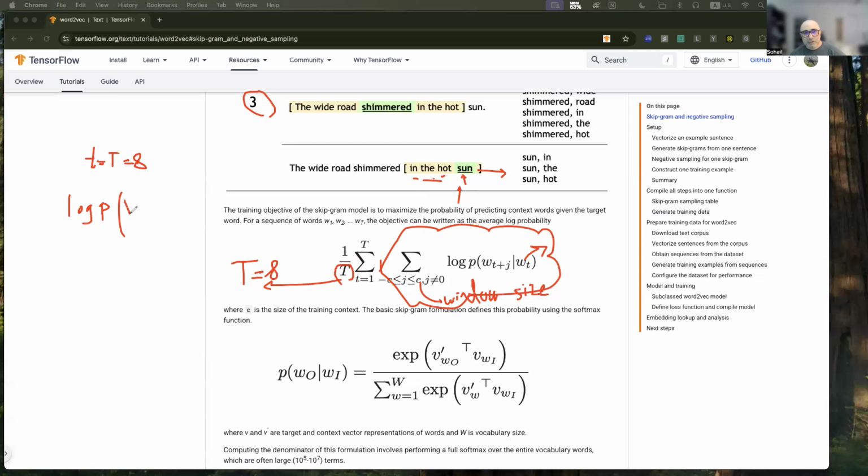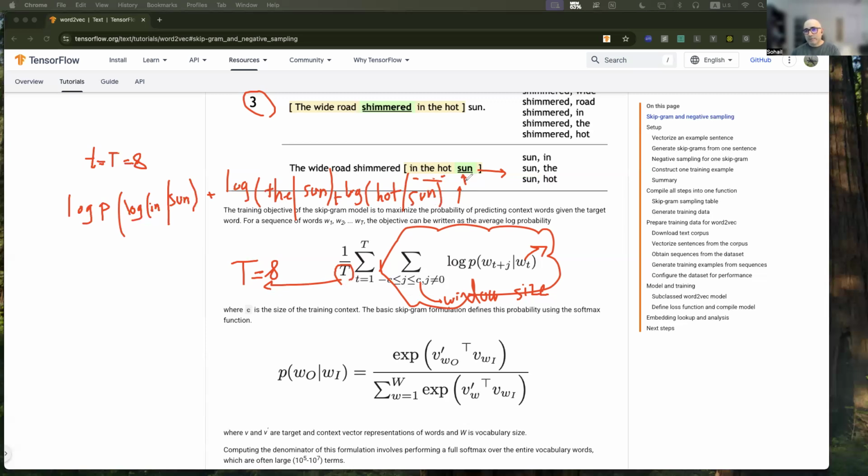So that would be logarithm of, if the word is sun, what's the probability of having that in that window size, plus logarithm of the same thing for the next word, probability of death given sun, and the last one, probability of hot given word sun, and that would be summed up for every word.